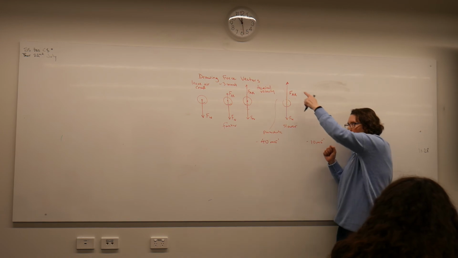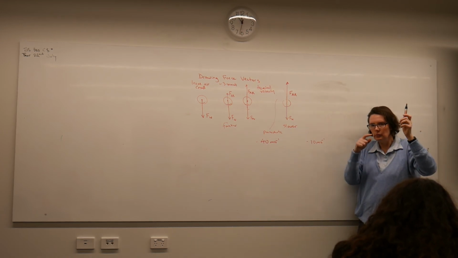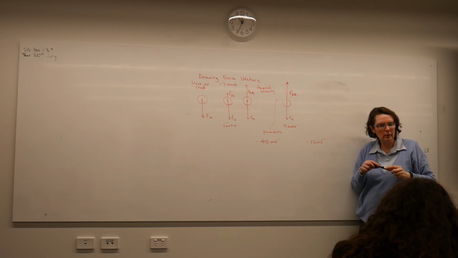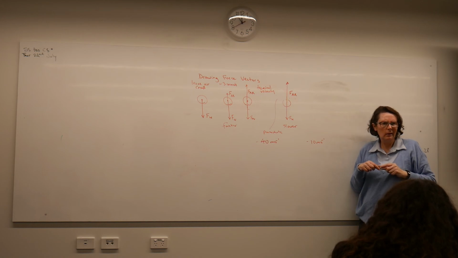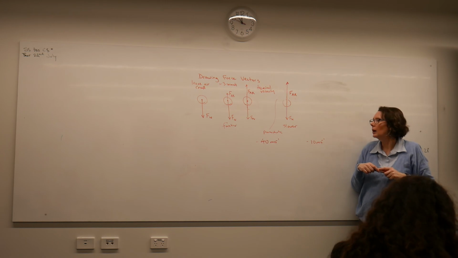Mm-hmm. And that's because the force vector is up, because you were moving down. So the terminal velocity vector diagram that we draw for that will look exactly the same as the one that we had before the parachute. Yeah. And we only really know that it's travelling at a slower speed because of the information that we've been given. Sort of. Yes. Yeah, that's right.